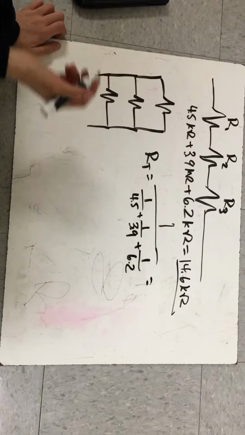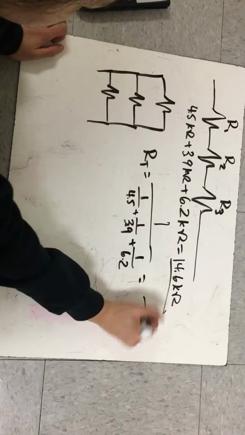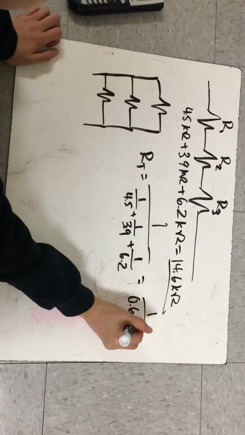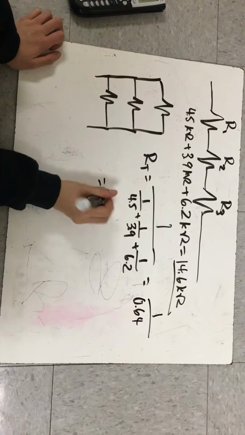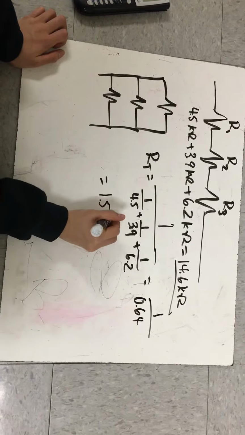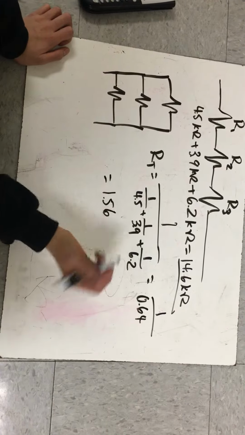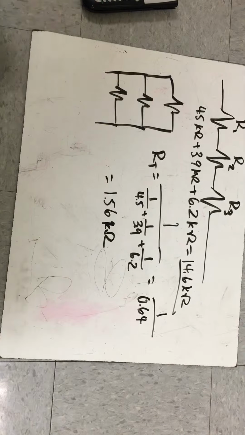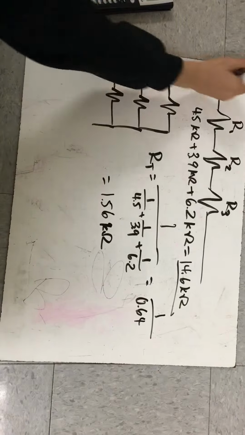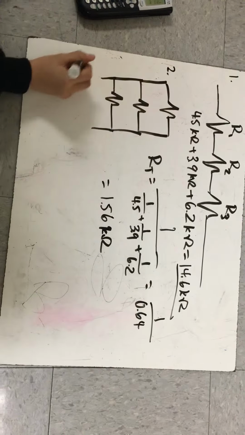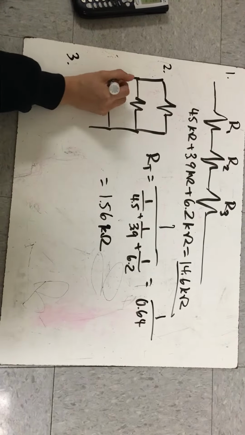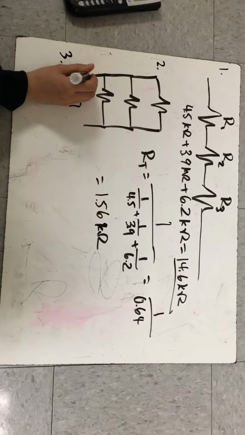So that would be 1 over 0.64, approximately, which is about 1.56 kiloohms.